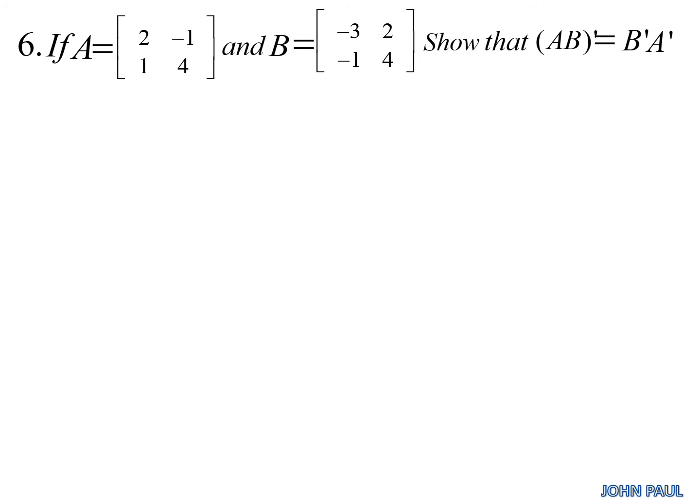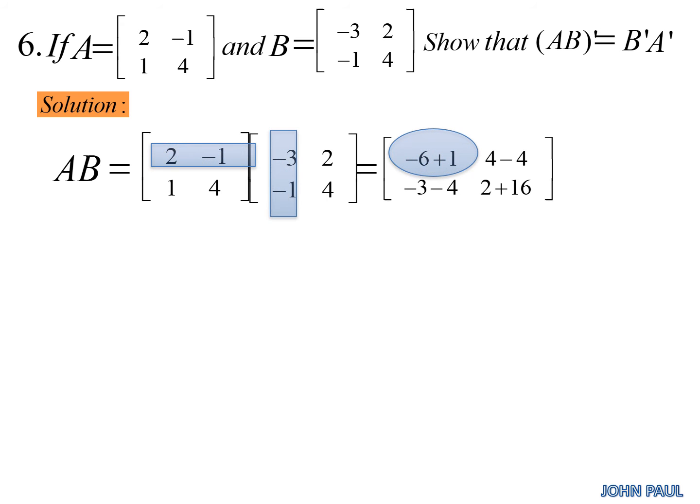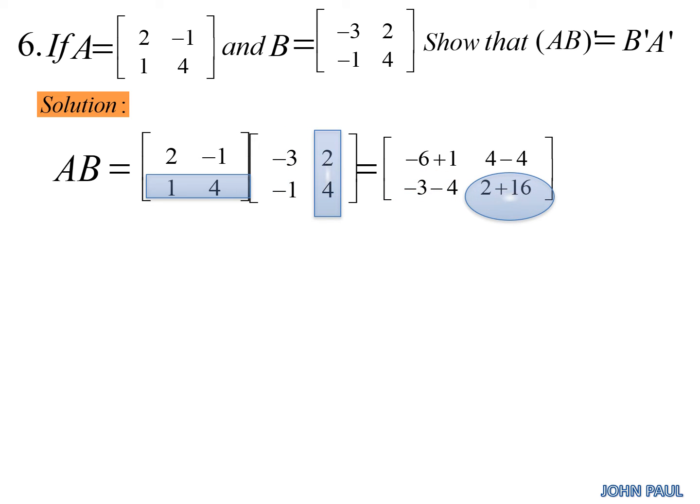Sixth problem: if matrices A and B are given, show that AB transpose equals B transpose A transpose. Solution: AB is given. Multiply this. We'll take the first row multiplied with the first column, second column, second row with first column, second row with second column.